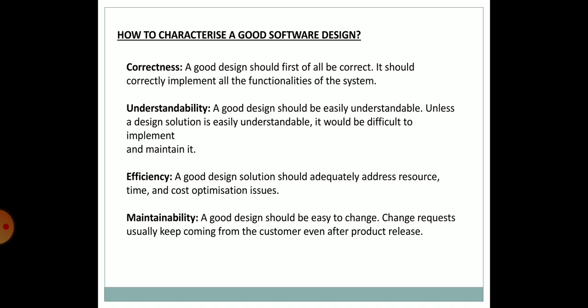For example, the memory size used by a program may be an important issue to characterize a good solution for embedded software development. Embedded applications are required to work with limited memory sizes, and cost, space or power consumption considerations may be important in such cases.